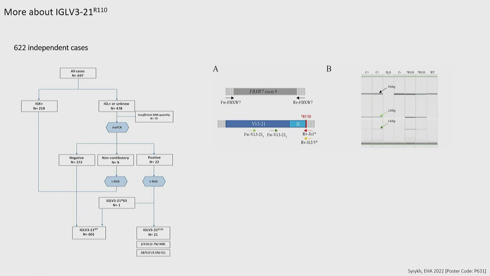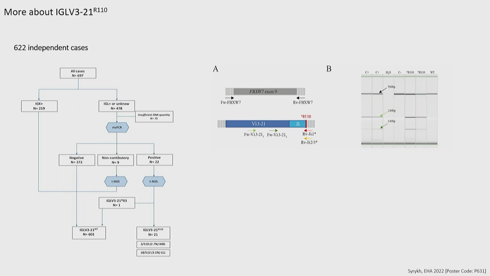It's a little complex because these cases usually carry a lot of mutations, so we had to design at least 2 primers to prevent the hypermutations of these regions from stopping the primer from binding. But with 2 primers in the common region, 2 oligospecifics for the R110, and 1 control gene, we could detect these mutations in virtually all cases. We confirmed that by NGS, and this assay worked very well and captured all the cases.